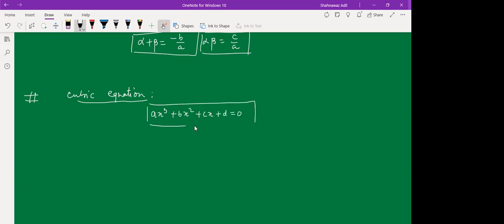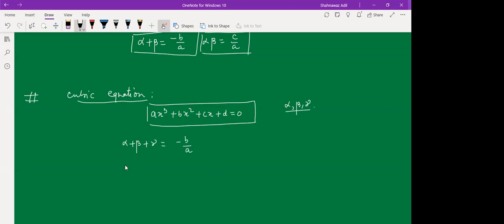So similarly, for the sum of the zeros, how many zeros would be there? 3 zeros, absolutely right. So we have alpha, beta, and gamma. So alpha plus beta plus gamma, the sum, would be simply minus b by a.